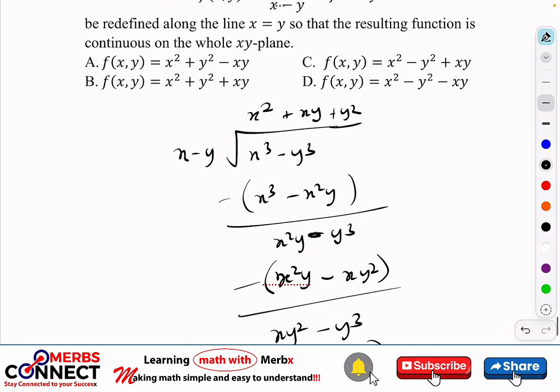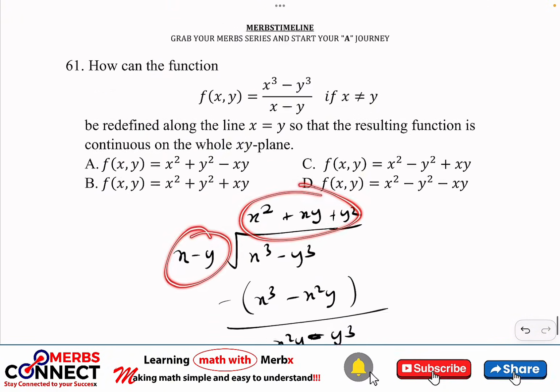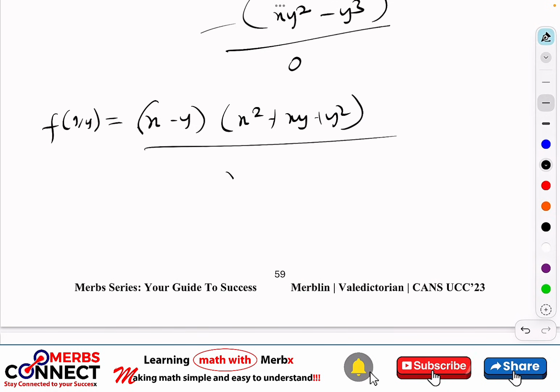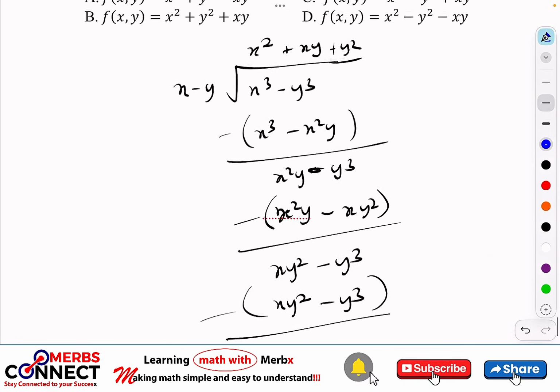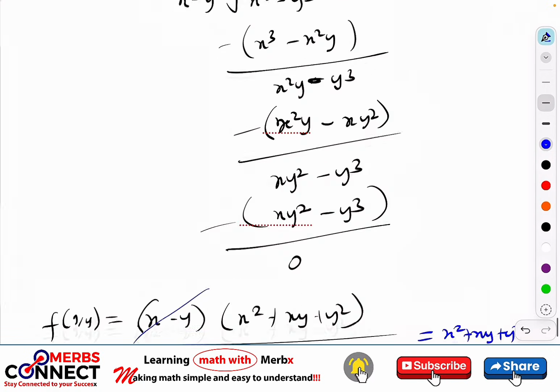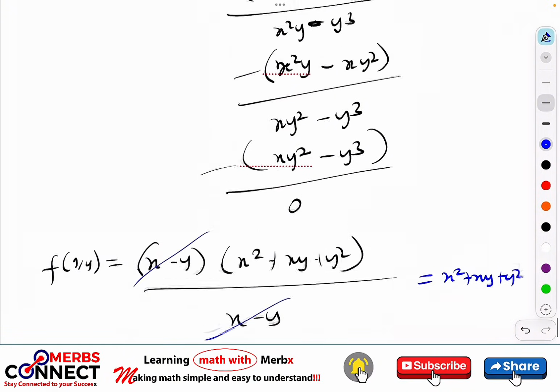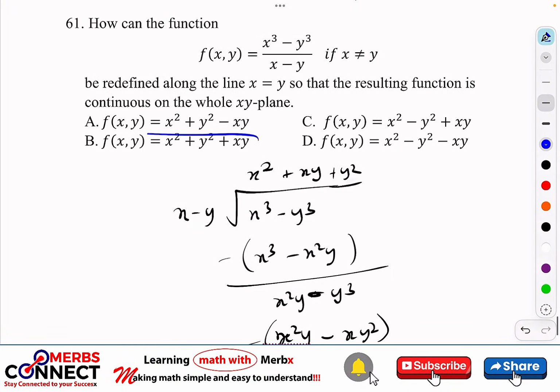So we just need to multiply this by this, and this is going to give us what is on the top, divided by x minus y. So this is what we wanted to do so that we can cancel this. And we are going to have x squared plus xy plus y squared. Okay, so redefine the function as what you are going to get here: x squared plus y squared plus xy. So redefining the function is going to give us this.